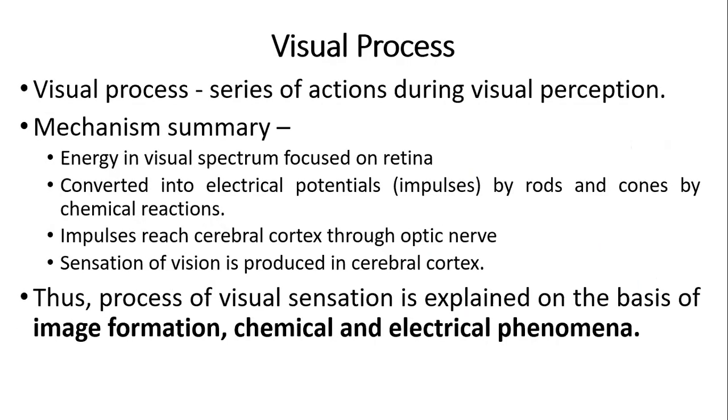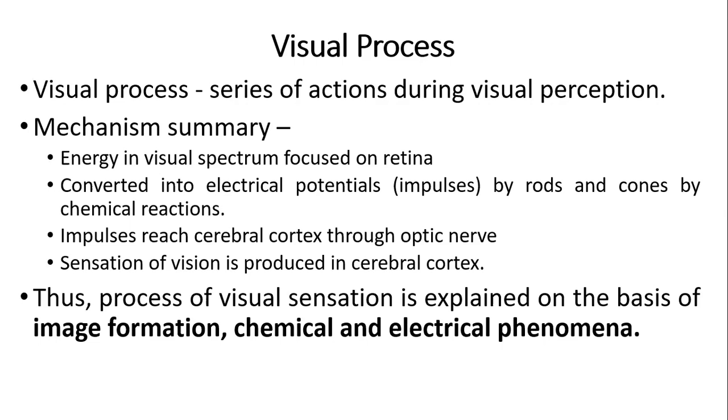Now let's go to the visual process. Visual process is a series of actions during visual perception. This talks about the mechanism of how we are able to perceive or visualize something. So, mechanism summary. Energy in the visual spectrum focused on the retina has to be converted into electrical potentials or impulses by rods and cones through chemical reactions.